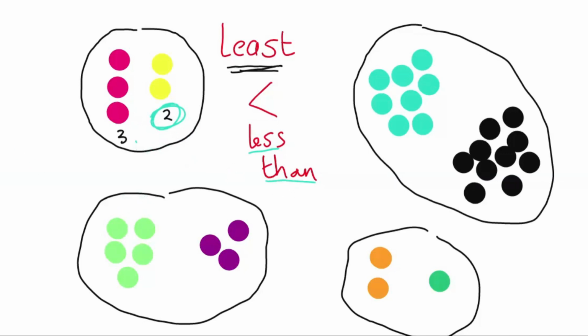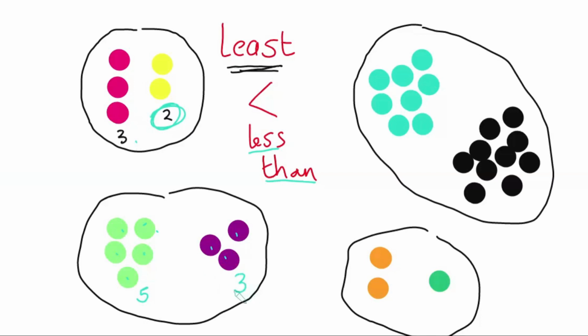Fabulous. Moving on swiftly. Here, how many green dabs have we got? Count them up. I'll give you 1 second. We have 5 green dabs. How many purple dabs?